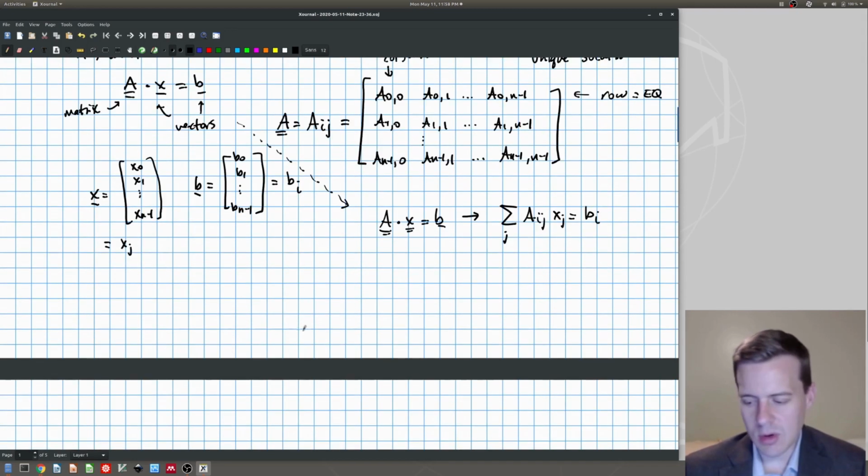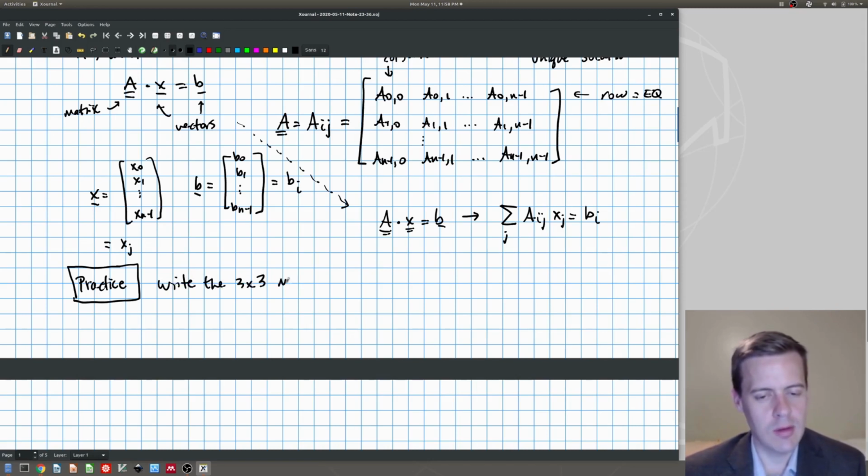All right. So now I want to do a quick example. I want to do a little practice. Okay, we're going to write the 3 by 3 matrix from above as A, X, and B. All right, so I want you to write A, X, and B of this 3 by 3 matrix.